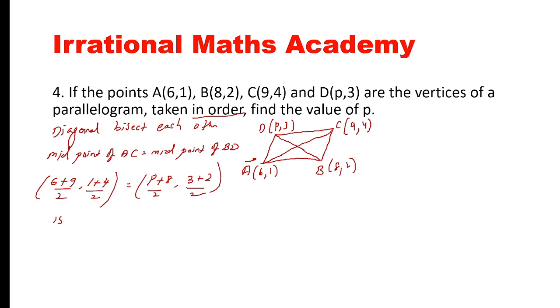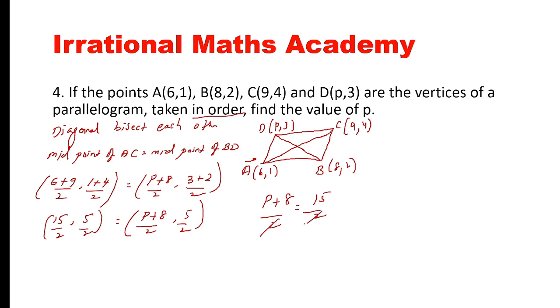So I'll get 15 by 2 comma 5 by 2 equals P plus 8 by 2 comma 5 by 2. Here the y-coordinates are equal, so only the x coordinate I will equate. P plus 8 by 2 equals 15 by 2.